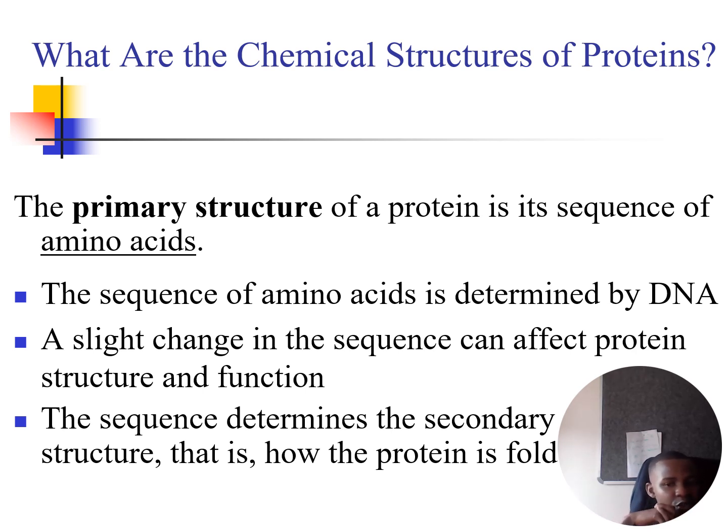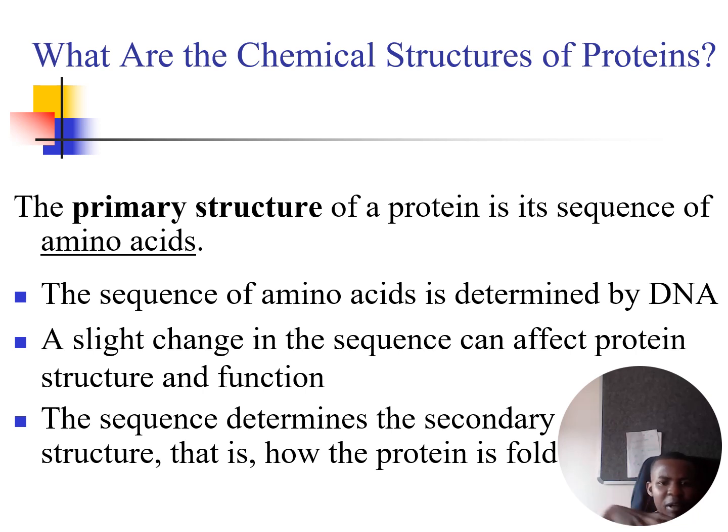The chemical structures of proteins: they exist in four structures, which are the primary structure, the secondary structure, the tertiary structure, and the quaternary structure. The primary structure of proteins is a sequence of amino acids. Whenever they are still in a single peptide chain, or a strand, we say they exist in a primary structure.